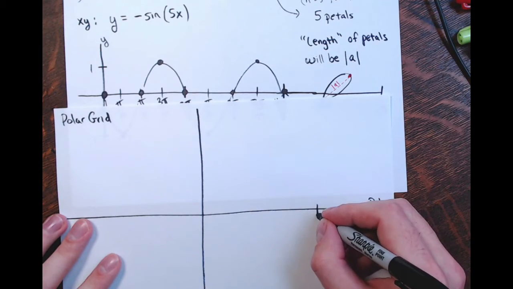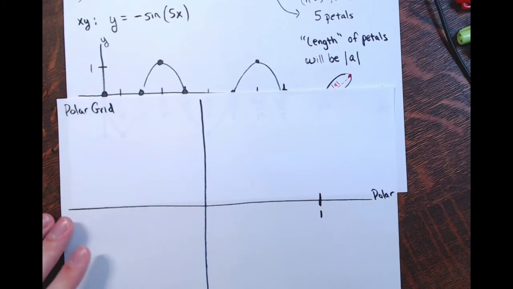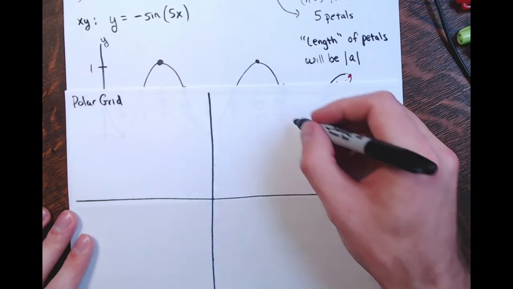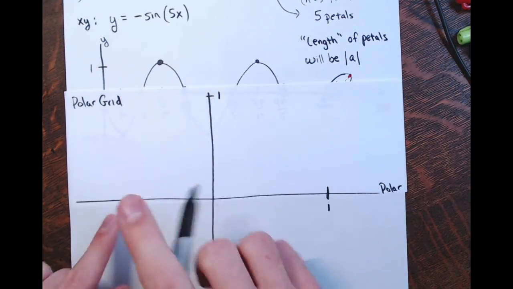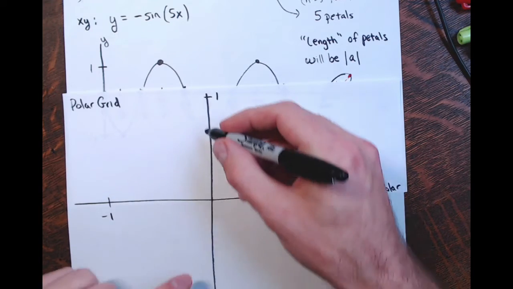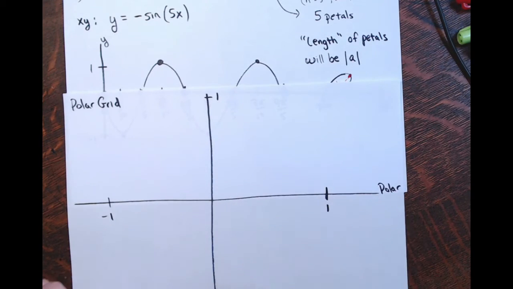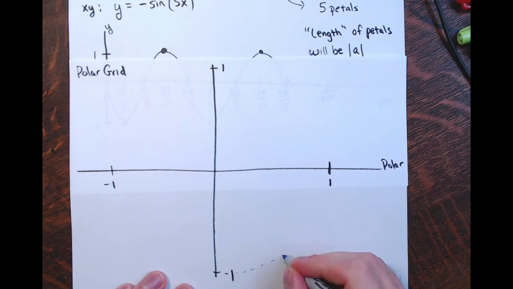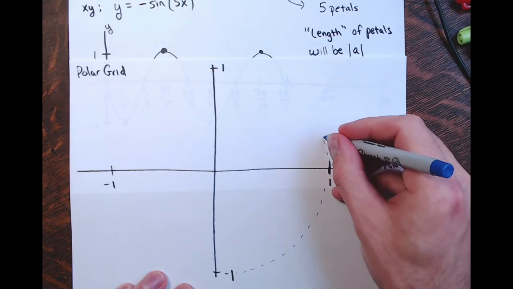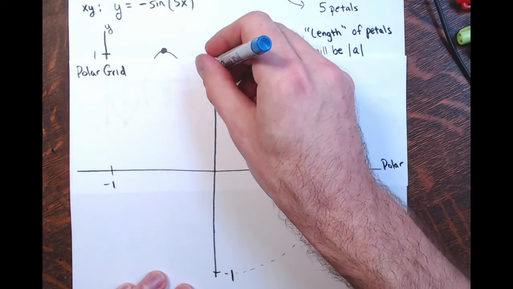So I'm going to make this 1 unit on the polar axis, and then 1 unit up, 1 unit left, negative 1, and then 1 unit down. Okay, and I'll draw this circle in, as remember, we're traveling on circles here.